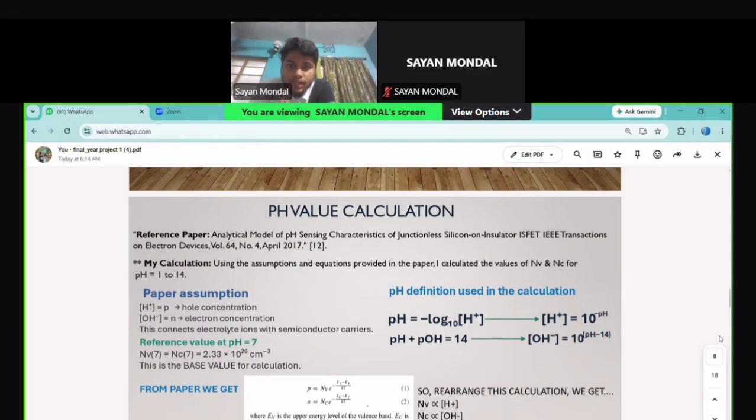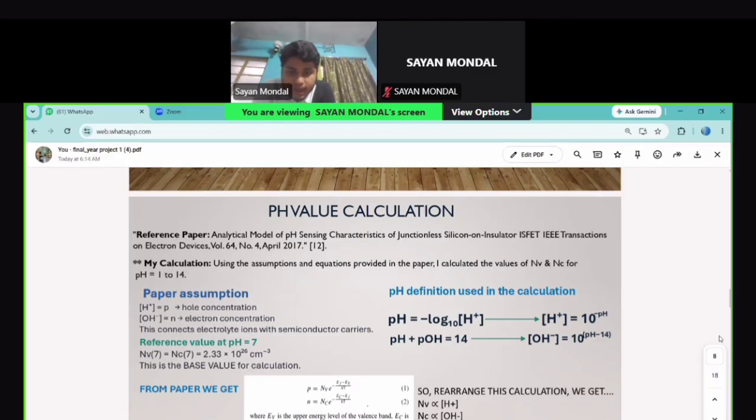Okay, pH value calculation, that means it is simply the process of determining the values of pH that we used for writing the code. The first one is the reference paper from where we collected the data to determine the remaining values. From the paper we take that hydrogen, H+, is equal to p, that is the concentration of hydrogen ions, and the concentration of hydroxide ions is equal to n.